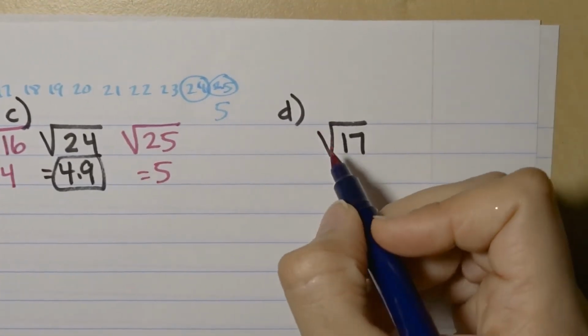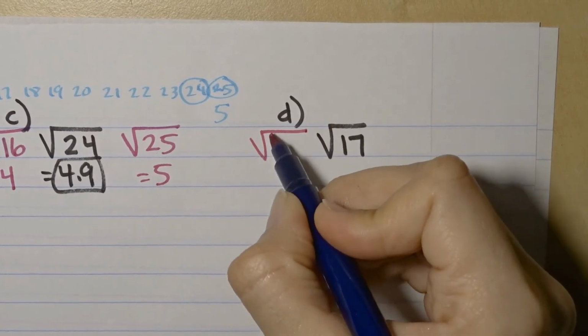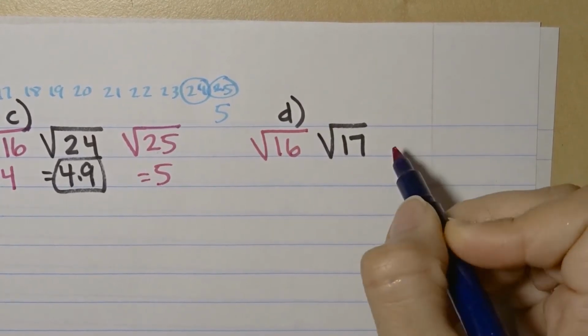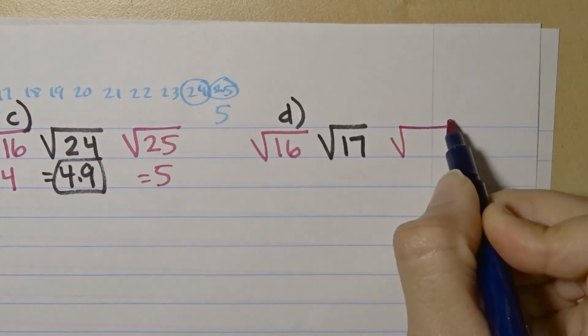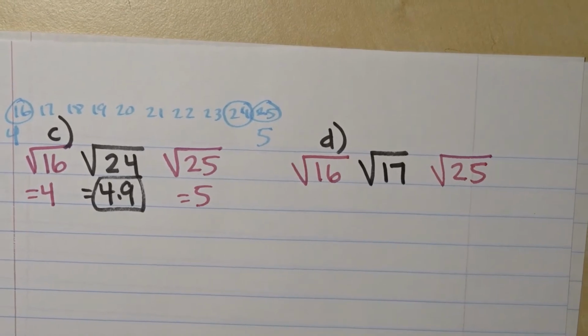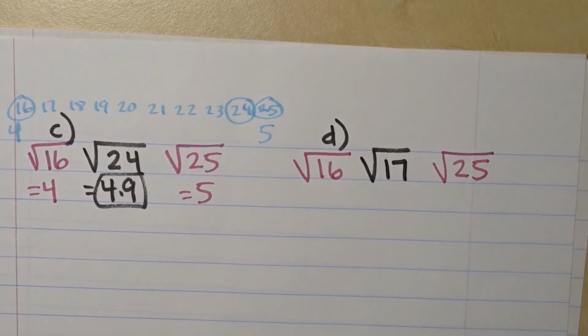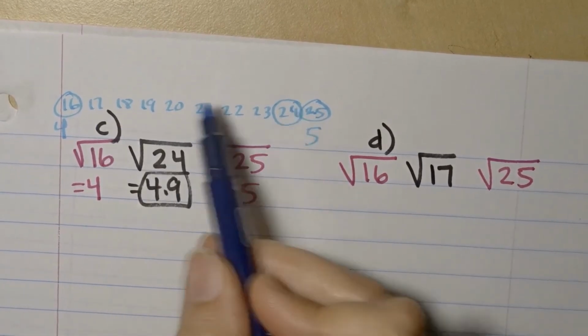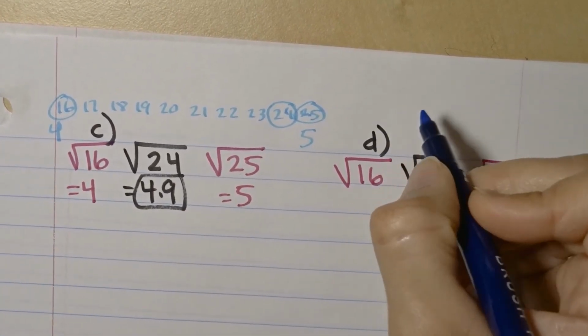Next one. I got 16 is the perfect square before 17, and then I got 25 after 17. All right, so we got the same set of numbers between 16 and 25. Well, let me just write it over.